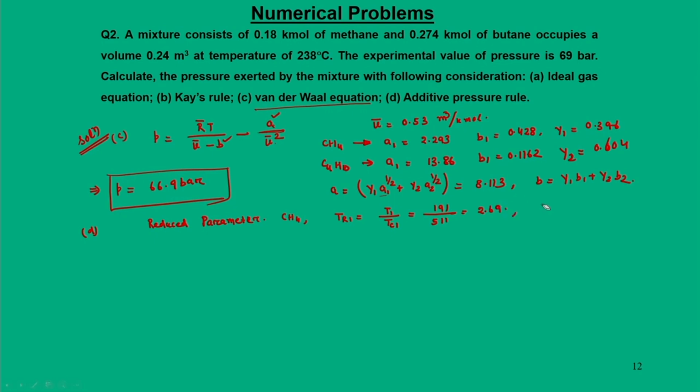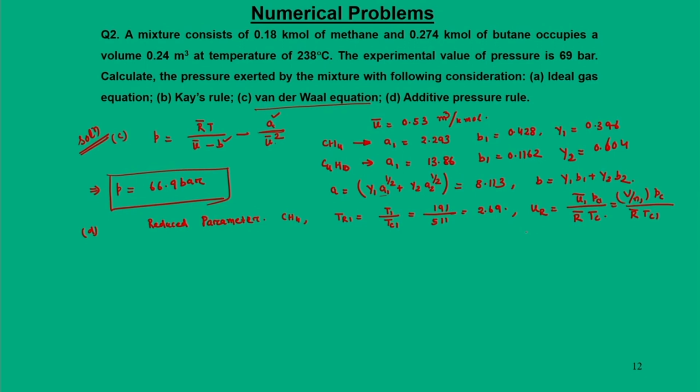And similarly, we can calculate VR. VR is V1 bar PC by R bar TC1. That is V by N1 into PC by R bar TC1.